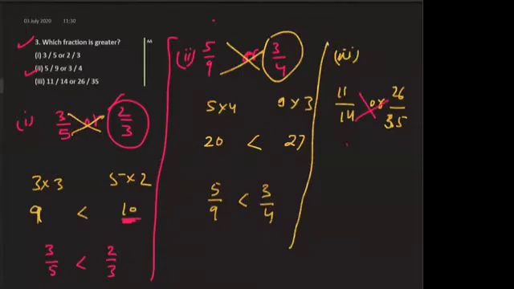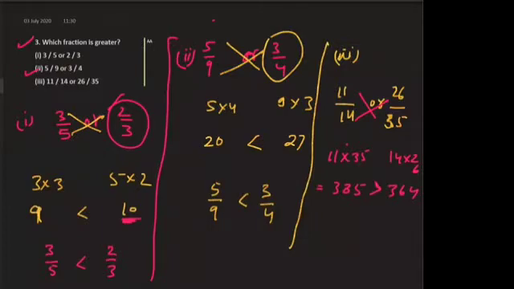You have to multiply 11 into 35 and 14 into 26. 11 into 35 is 385, and 14 into 26 is 364. Which is greater? 385 is greater.